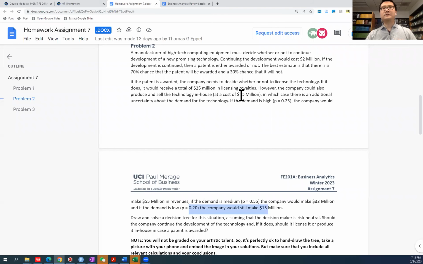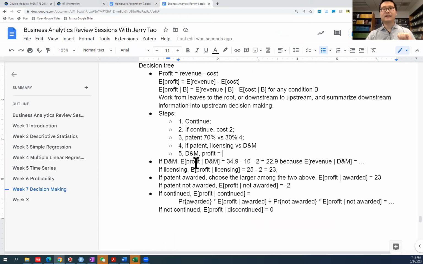However, remember, we need to also remove or deduct the cost if we pursue development in-house. So in that case, this is what I got when we calculate the expected revenue, expected profit if we do development marketing.